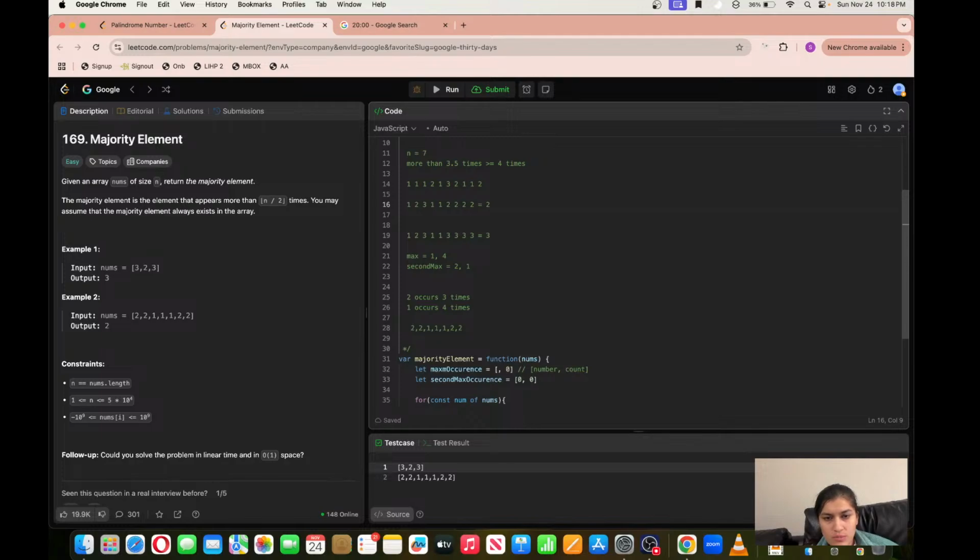Then I will have to keep track of all those numbers in an array, so the size of space will be more than 1.